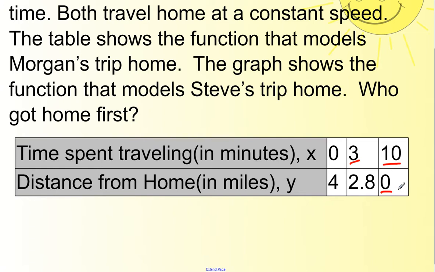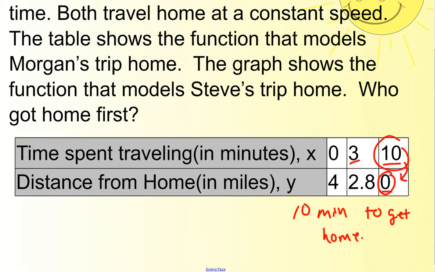So when she's home, it took her 10 minutes. Based off of the table, we can determine it took Morgan 10 minutes to get home. See? 10 minutes, she's 0 miles away from home. That means she's standing at her front door. She's home in 10 minutes.